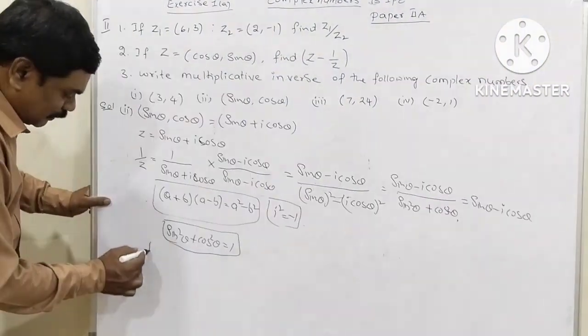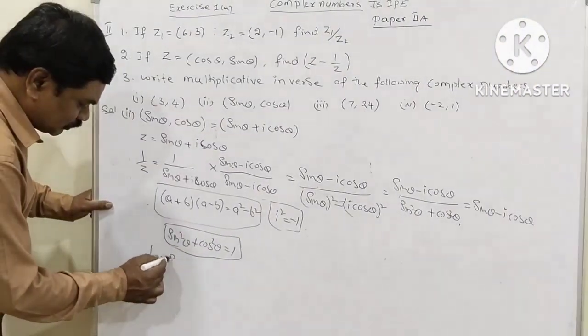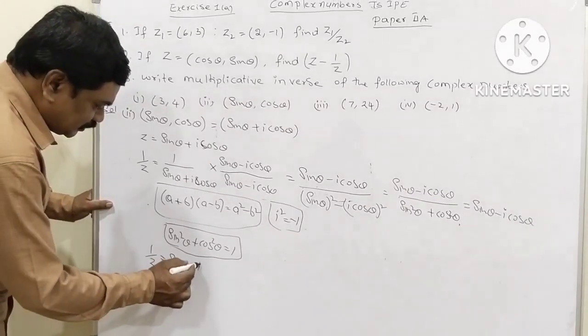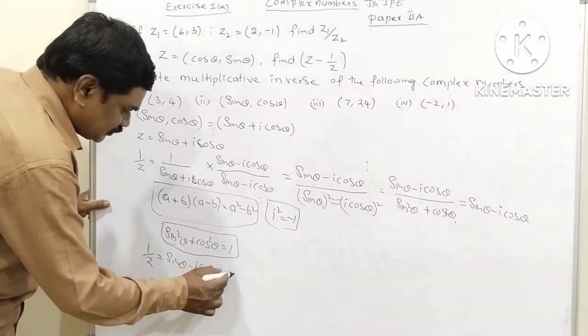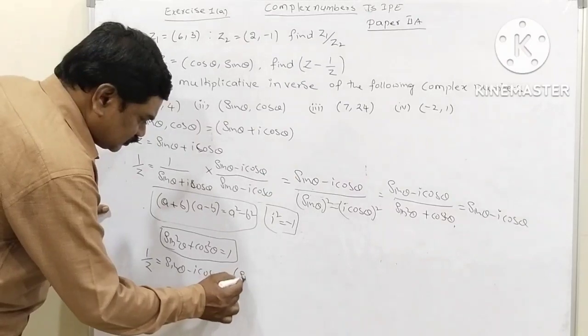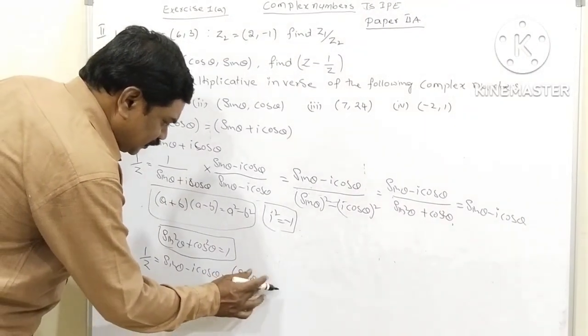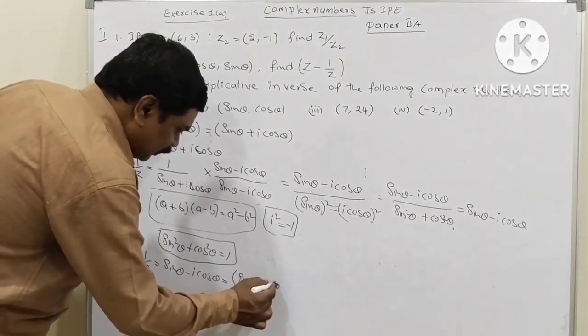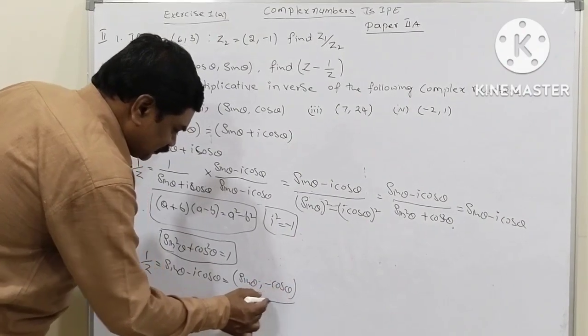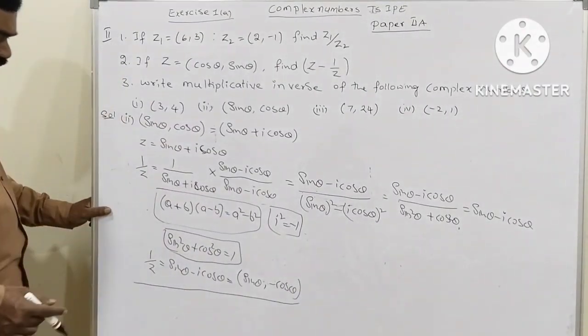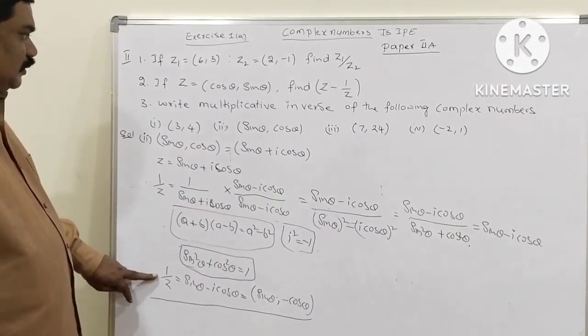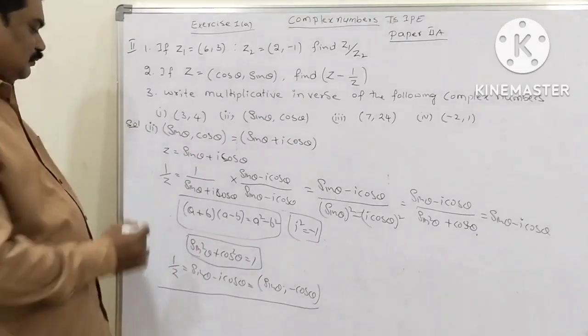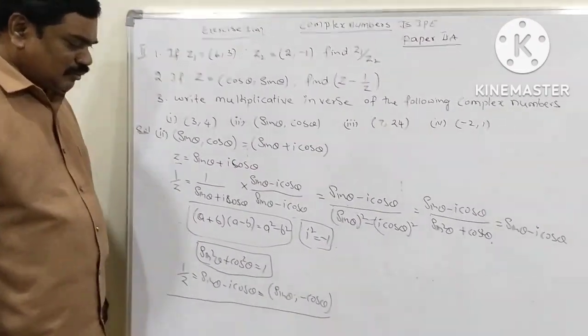Therefore 1 by z is equal to sin theta minus i cos theta. That is (sin theta, minus cos theta), the multiplicative inverse of z. Okay, all of you.